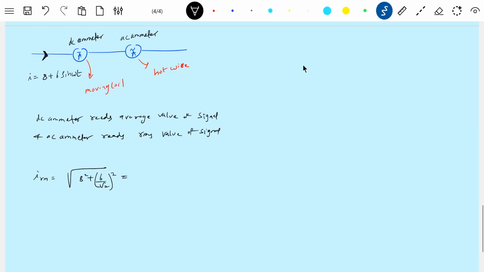It is 64 plus 36 by 2, it is 18. 64 plus 18 is 82, so root 82.